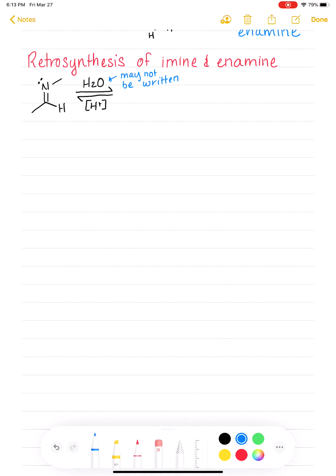When you're asked to come up with the carbonyl compound, the aldehyde or ketone, as well as the nitrogen compound that forms an imine, I want you to visualize slicing the molecule in half at the carbon-nitrogen double bond. I'm going to draw that, and I'm going to draw little stubby bonds where I sliced it.